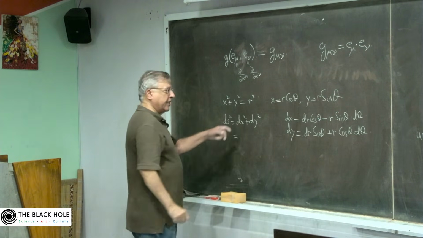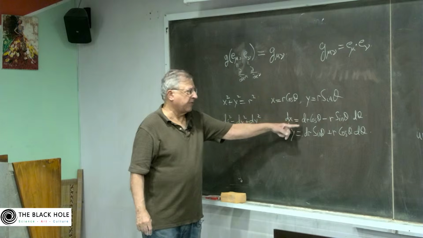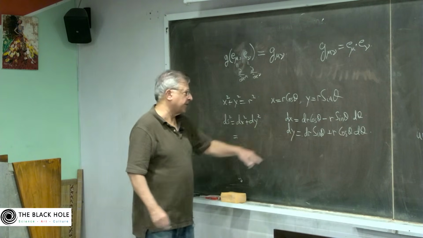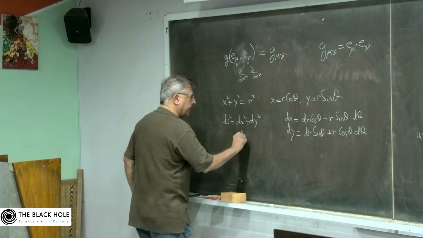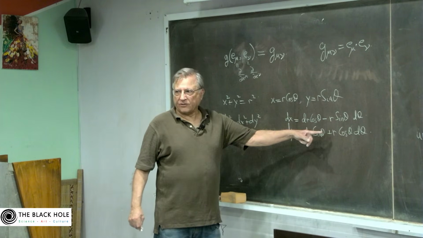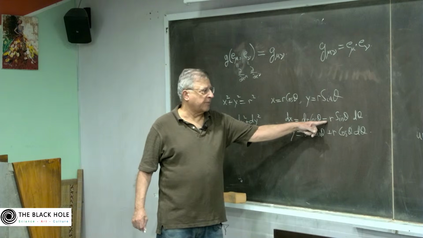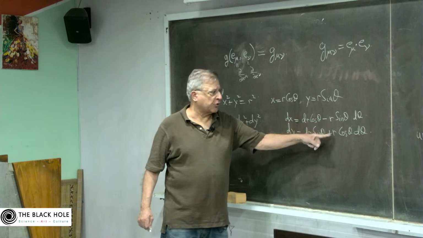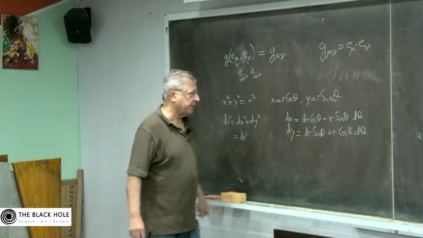So in that case, dx squared plus dy squared is the square of this plus this, which gives dr squared. The cross terms will cancel, and so there'll be r squared d theta squared.